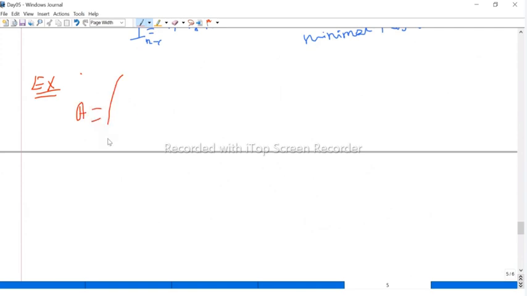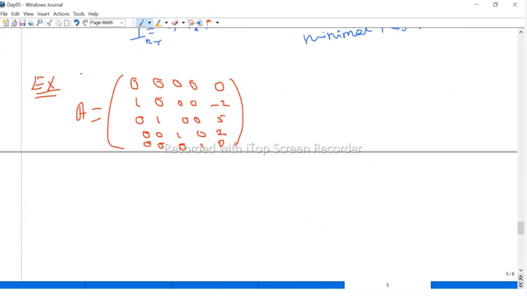Suppose A equals, the first row is 0, 0, 0, and the matrix given is actually a 5 by 5 matrix. Maybe they will ask what is the determinant, or the characteristic polynomial, or the minimal polynomial. Now it looks like here we have an identity matrix, right?